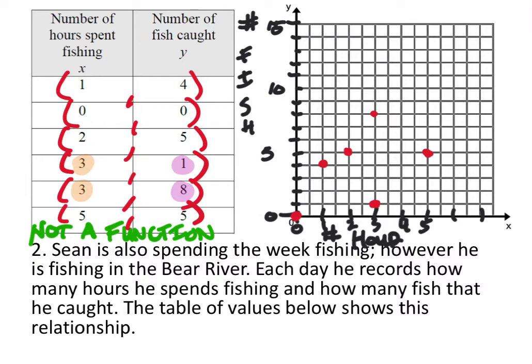In order for it to be a function, on a graph specifically, it just needs to pass the vertical line test. So I create a vertical line here, something like this, and then I take it and scan it. So start here, only once. Oh, there it is, twice right there. See that? So here and here. Since it touches twice at the same time, it is not a function.